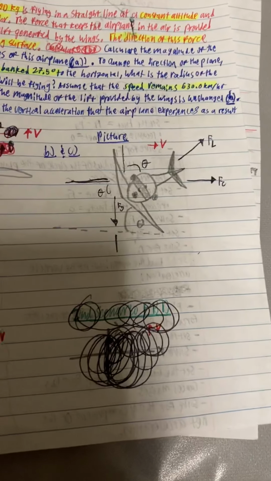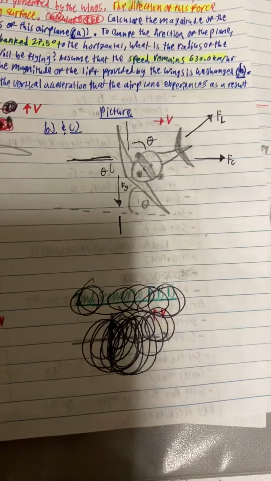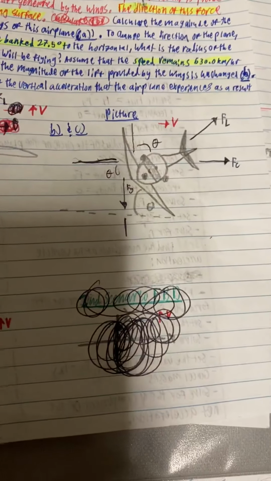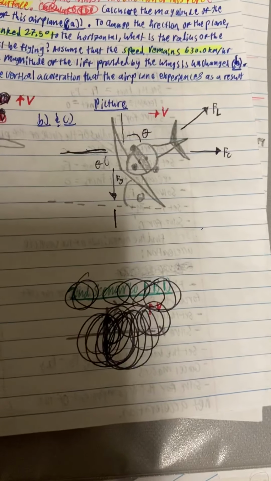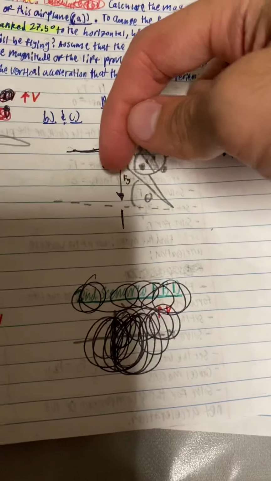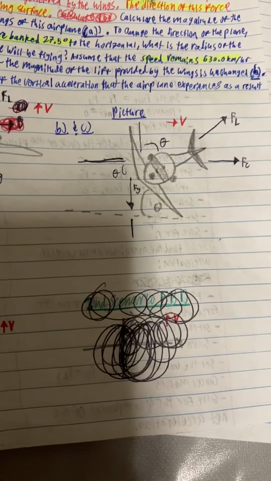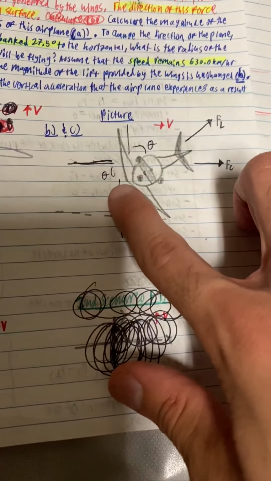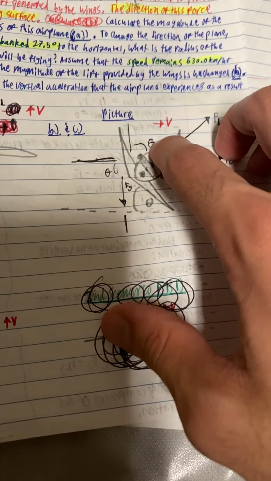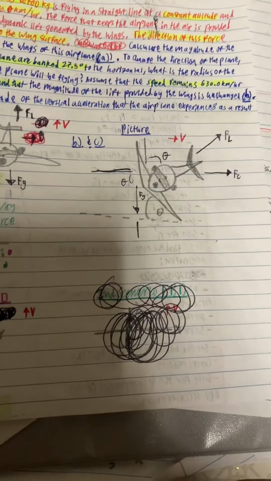So now that we labeled this, look at how theta is banked right here below the wings, and then look at how this corresponds to this angle vertically. It gets the vertical angle here between this, and I'll explain more with the free body diagram. And then we use the vertical angle theorem to basically connect it to where this goes into here, and these are the same angles. So, what does all this mean exactly?